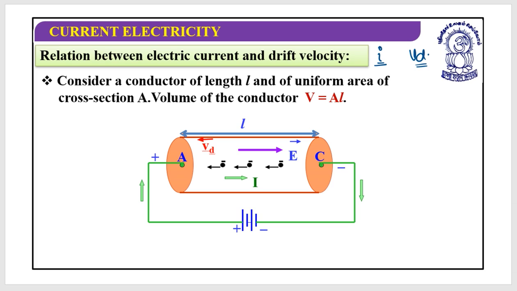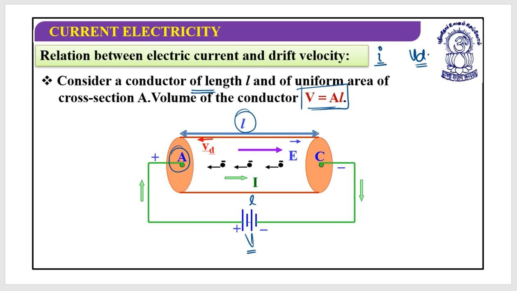So let us consider that a conductor is there, and the conductor is having a length L and uniform area of cross section A, and the volume of the conductor is V is equal to A into L. Now I have supplied this with a voltage V, and this voltage V has been connected to the ends of the battery.